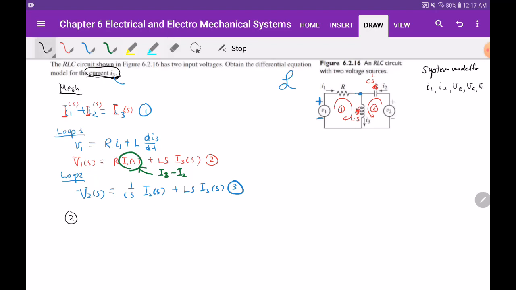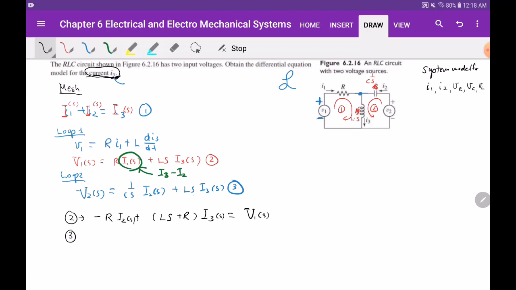Equation 2: the coefficient of I2 is negative R times I2, plus we have LS plus R times I3, equals V1. I must be desperate because I dropped the function of S. I is a function of S, V is a function of S. So that's your equation 2.